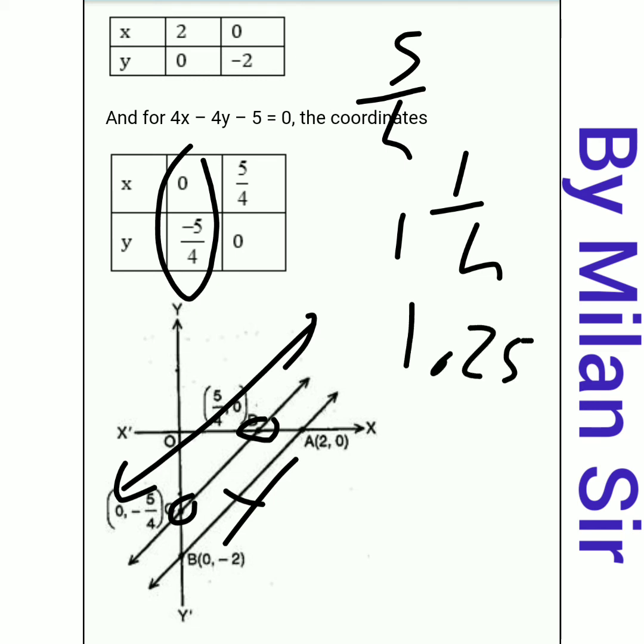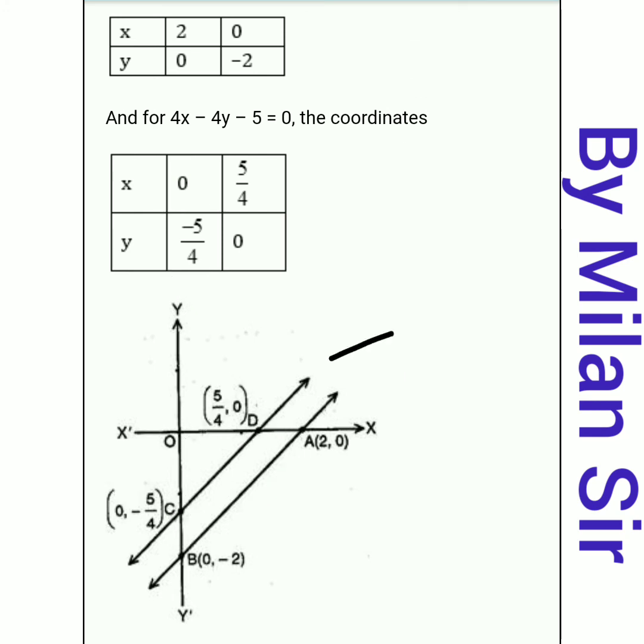We need to adjust our coordinates according to this, because in the graph we need to put 5 by 4. So just consider 1.25 in the graph. Then you will get this line.